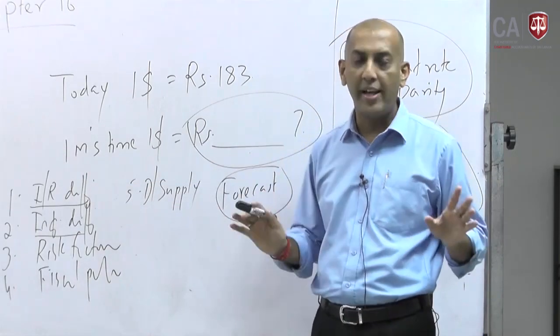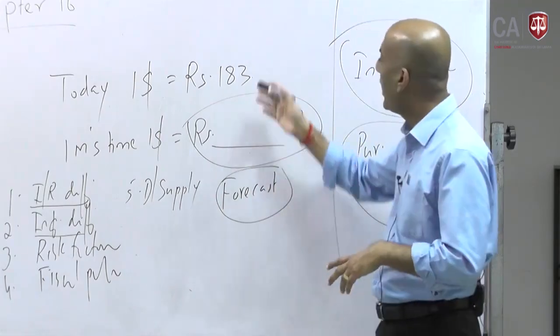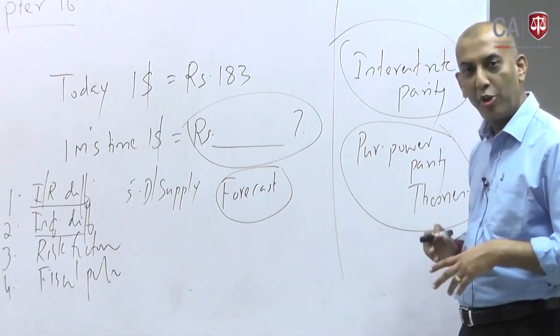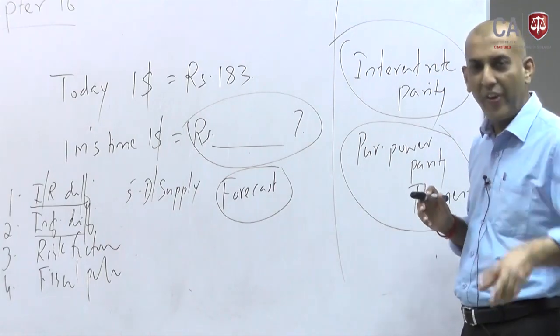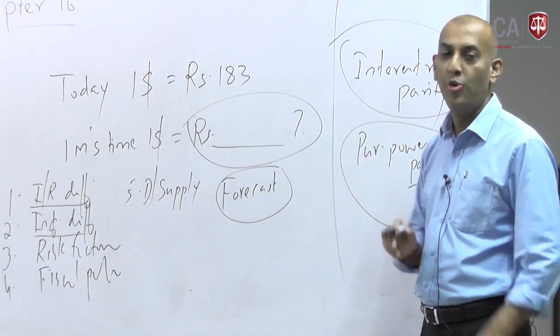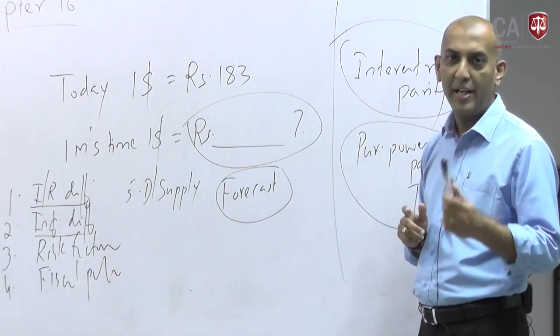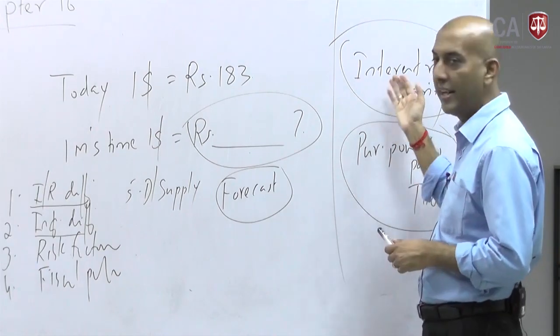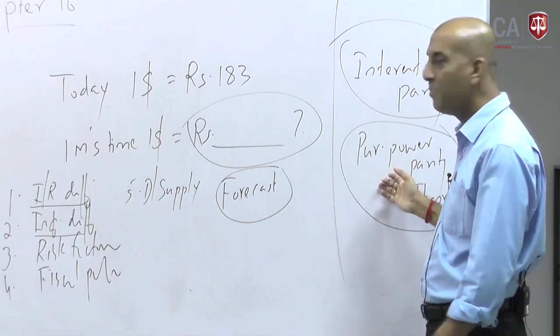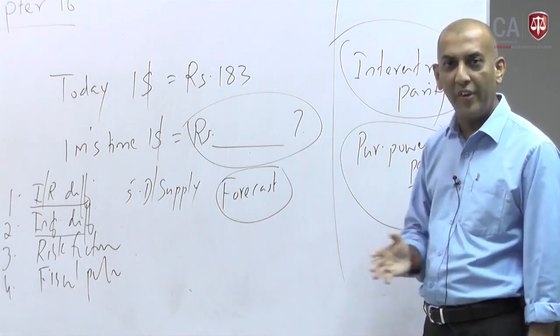No other reason is there in the market which affects today's exchange rate to be different from tomorrow's exchange rate. Purchasing power parity assumes it is only inflation that is the reason why today's rate and tomorrow's rate are different. No other reason. So please understand that this assumes that interest rate is not just a key reason, but the only reason. Purchasing power parity says it's only inflation that is the reason.